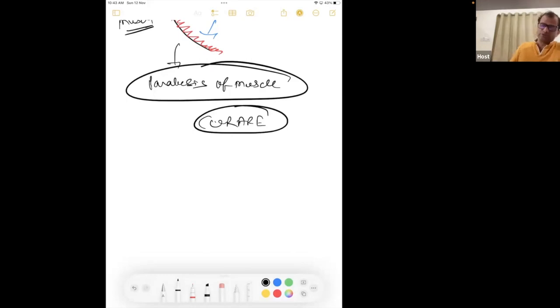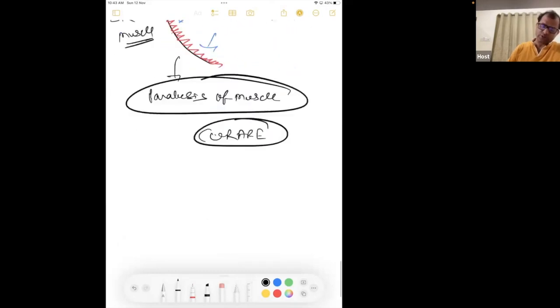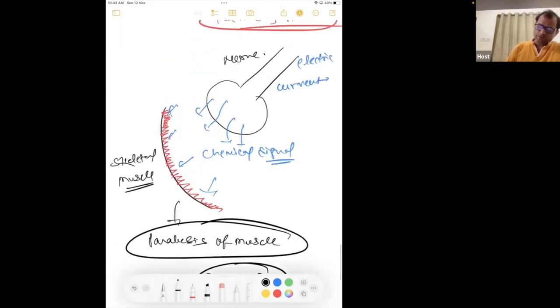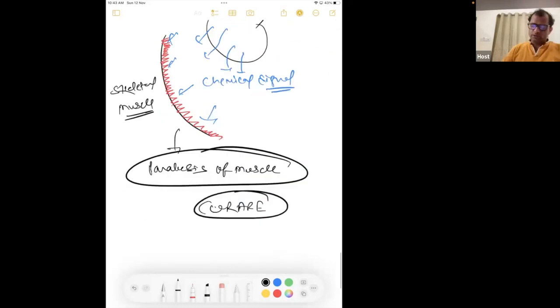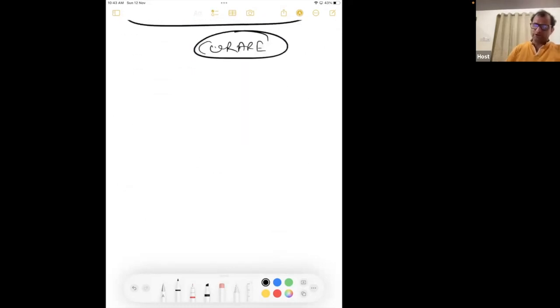There are many other diseases, like those due to botulinum toxin, and there are many other problems we'll discuss. So first we have to try to understand this junction, which is very important if you want to perform any action. Now we have to understand the anatomy of this junction properly. So suppose this is the nerve coming from the anterior horn, and this is a nerve terminal.